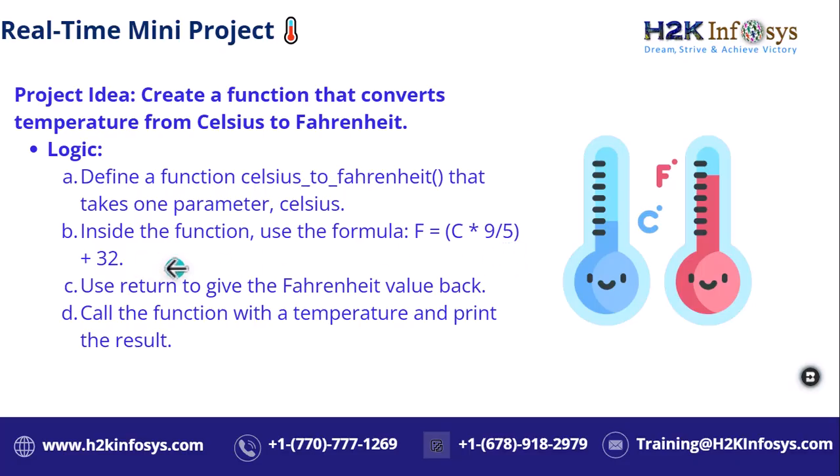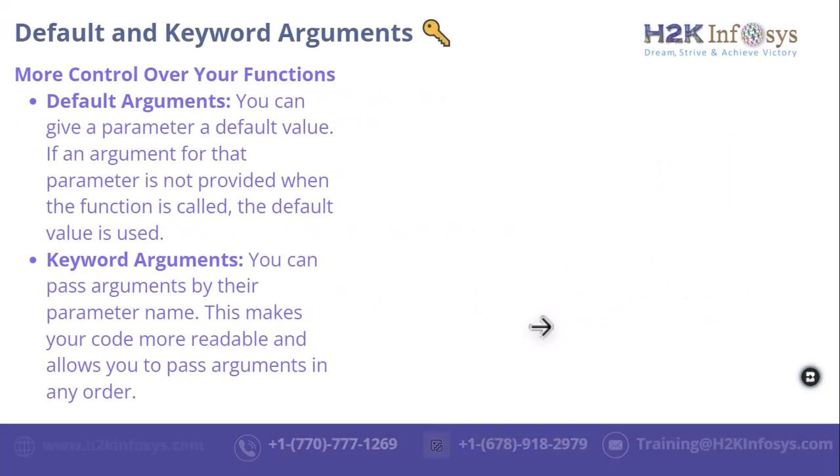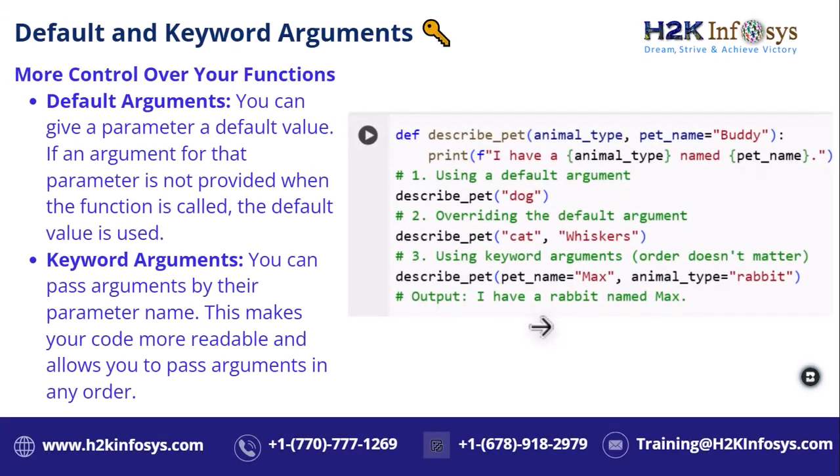Then return F. You can return that Fahrenheit value, call the function, add whatever Celsius temperature, and get the Fahrenheit result. The results will be given to you, so you can verify it later, but make a try once.